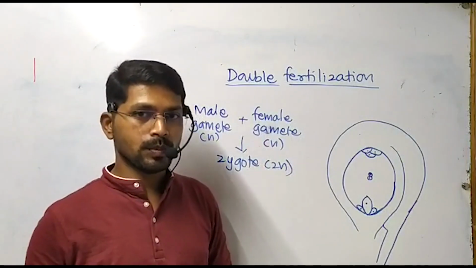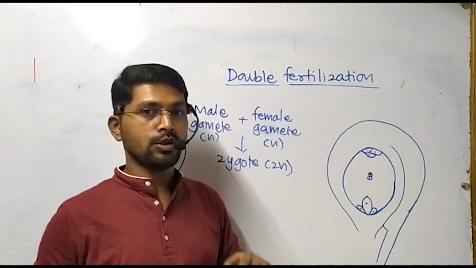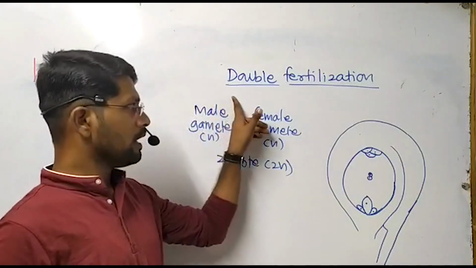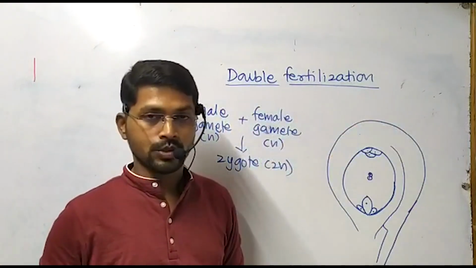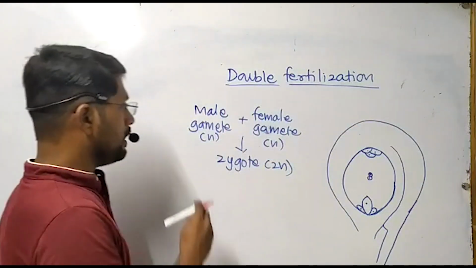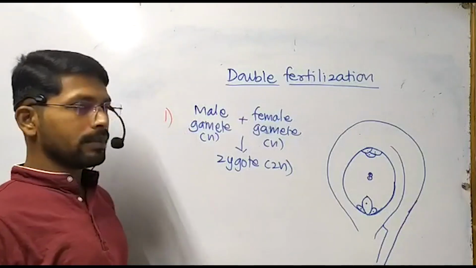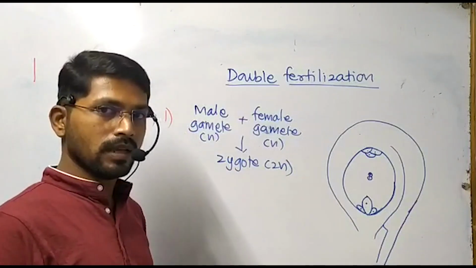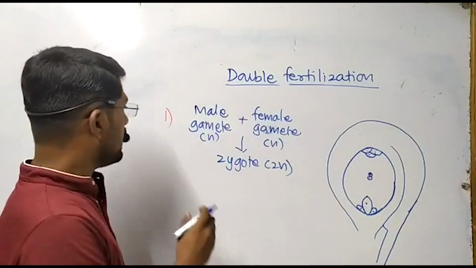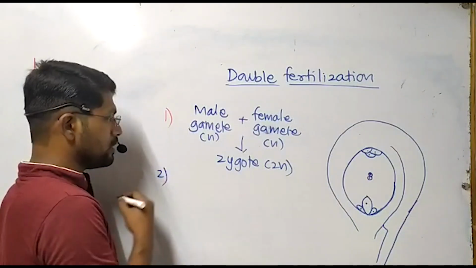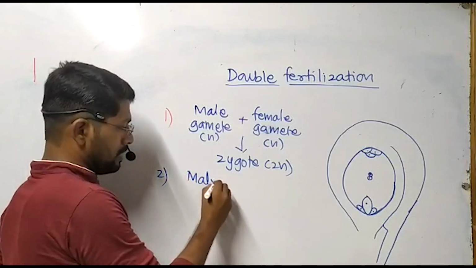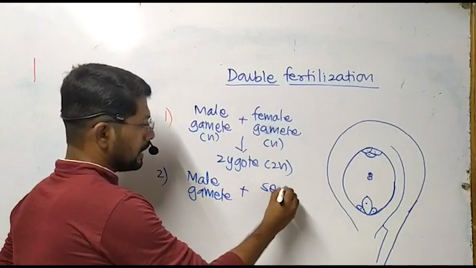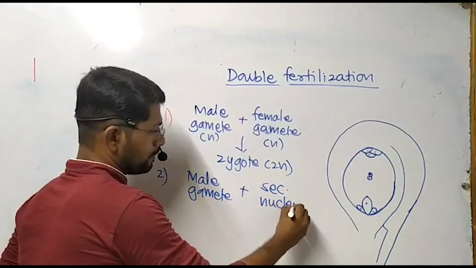But in angiosperms, fertilization is seen in two different steps. Two different fertilizations are seen, and therefore the process is called double fertilization. In the first step, the male gamete fuses with the female gamete to produce the zygote. This is the first step involved in the process of fertilization. And the second step: another male gamete fuses with the secondary nucleus.